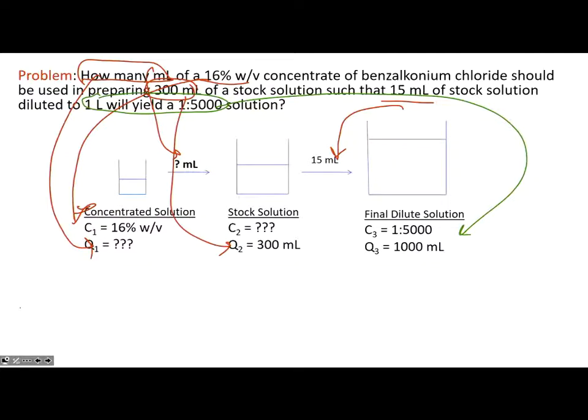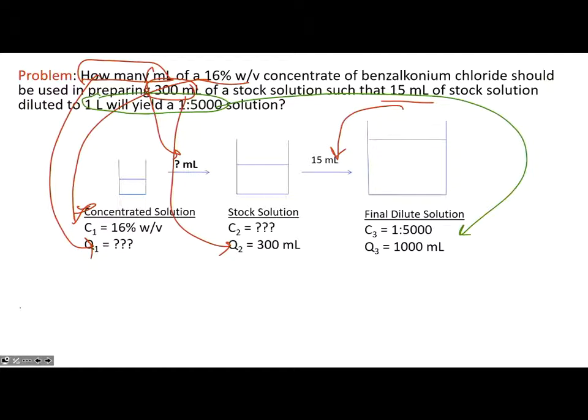So my big final dilution is 1 to 5,000 and 1,000 milliliters, and if I work backwards, I'm adding 15 milliliters of my stock solution to make that. But I don't know the concentration of my stock solution, nor the amount of my concentrated solution, but I know its strength.